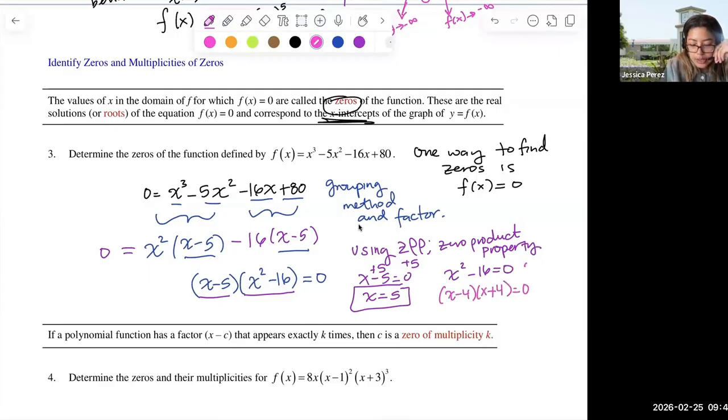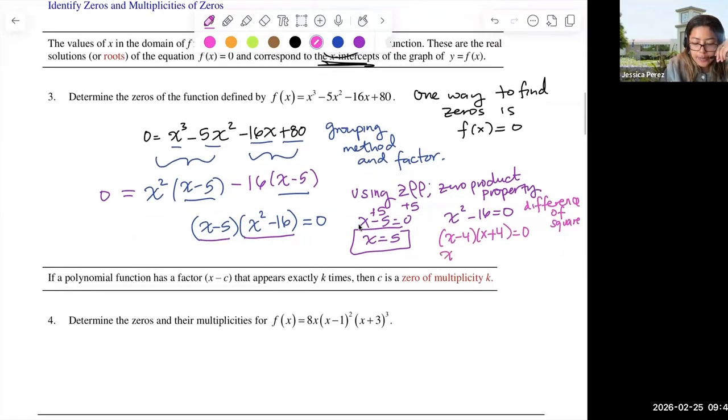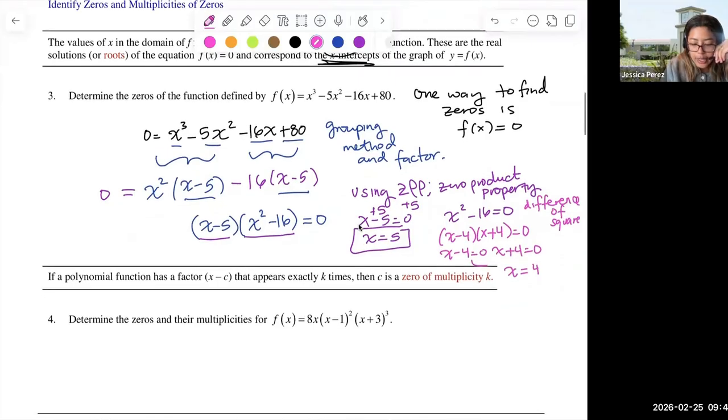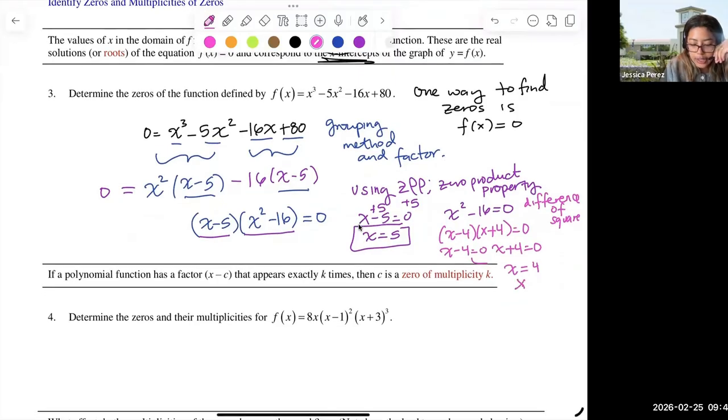You set each individual factor equal to 0. X minus 4 is equal to 0, x plus 4 is equal to 0. And you solve simultaneously. X will give me 4, and then I will have x equal negative 4. And I find exactly all of my 3 zeros.